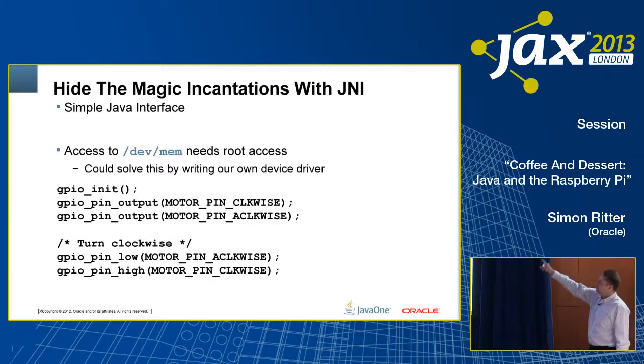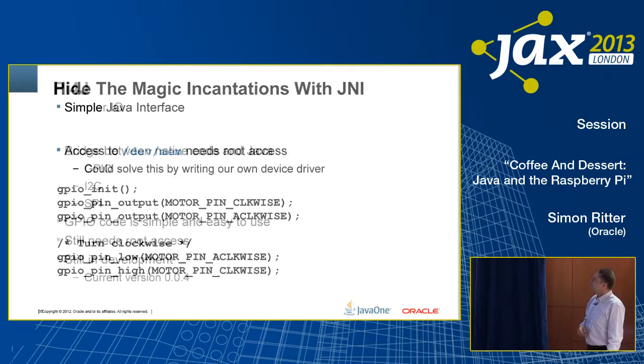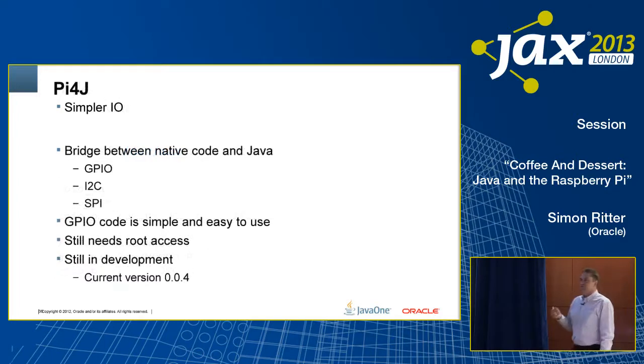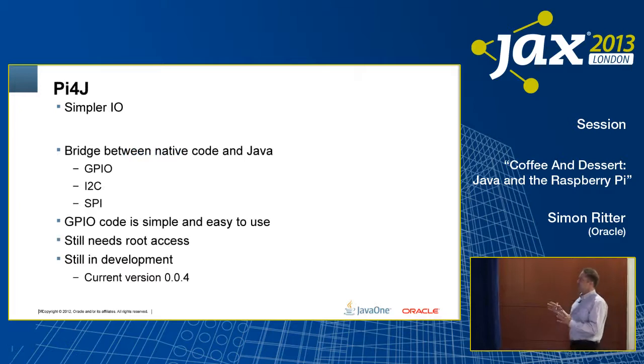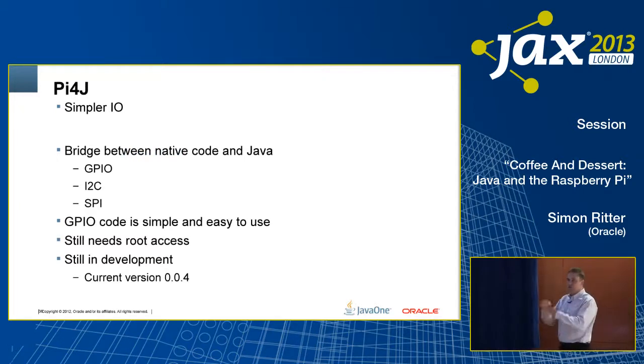This was basically what I used to write some things that I could move a motor on my Lego stuff. But again, you needed access to /dev/mem, which needed root access. So yeah, not the best way of doing things. Then some other people came along and wrote a thing called Pi4j. This is a very nice piece of code because it provides a library which hides all of that nastiness from you.